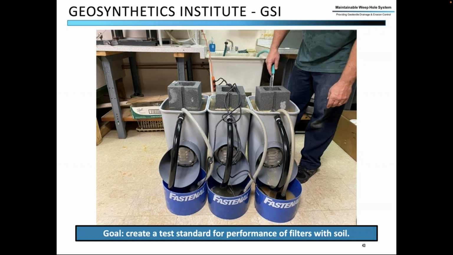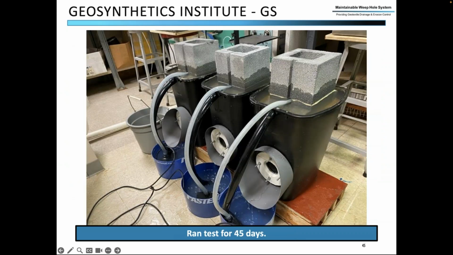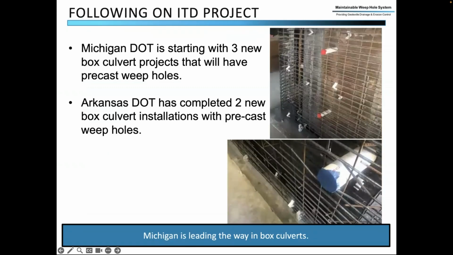So he created some apparatus here, used stone or pea gravel and an impermeable sand in order to measure the clogging effect of the conical shape. And that has gone through committee. It is hopefully going to be voted on soon by the entire committee.